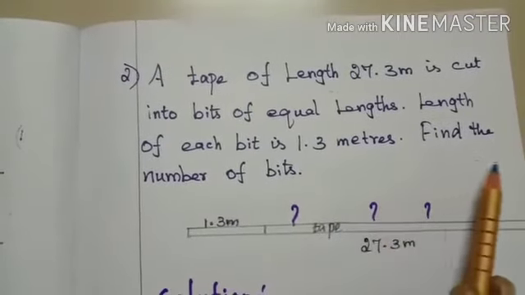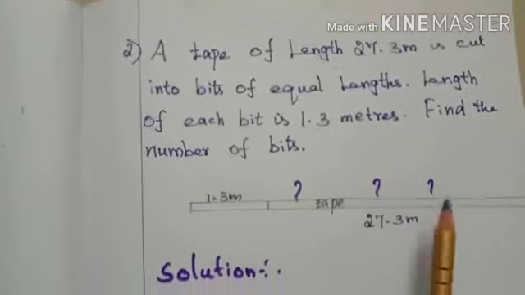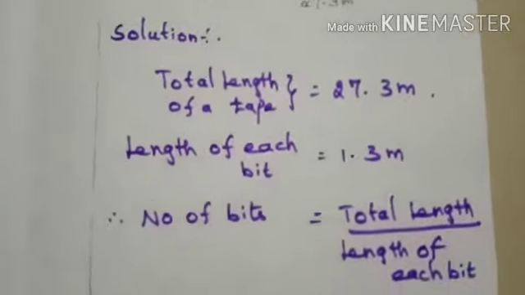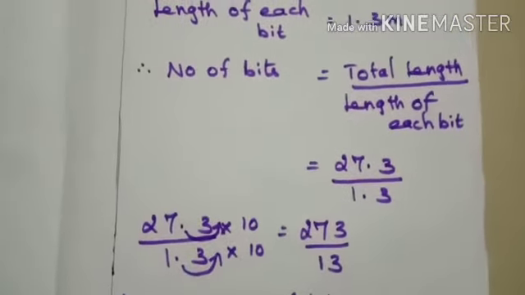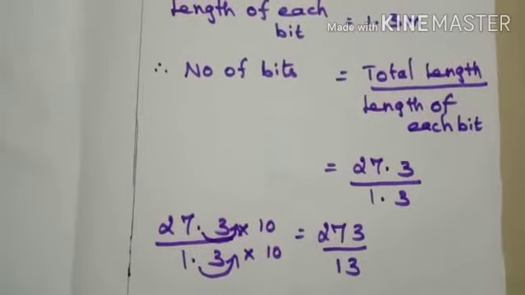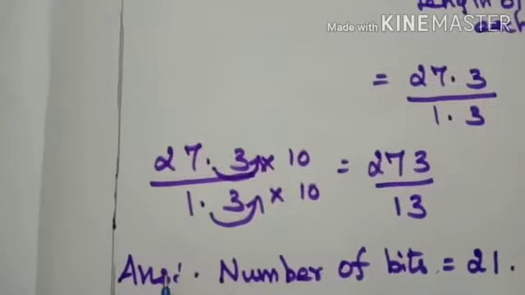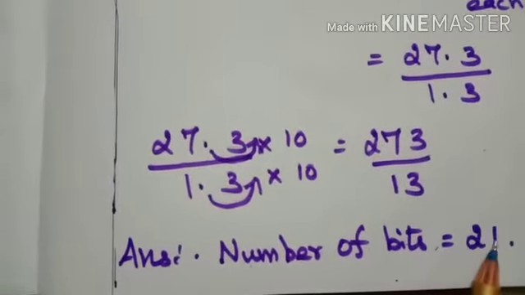We have to find the number of bits. So this is the solution. Students, check the answer with the solutions. The number of bits is equal to 21.